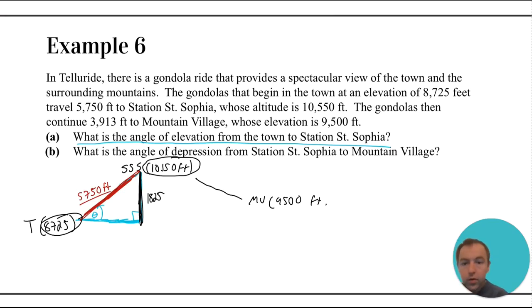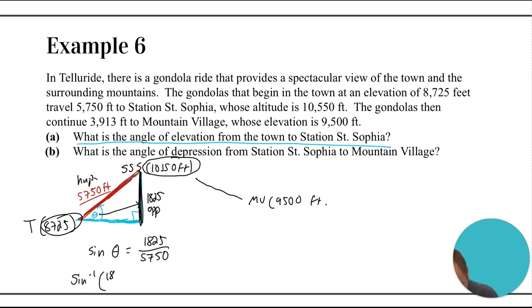So therefore we do know two sides in that right triangle. Since this is the opposite side from where theta is, and this is the hypotenuse of the triangle, opposite and hypotenuse would be the sine ratio, right? So the sine of theta would be equal to 1825 over 5,750. And then the sine inverse of 1825 over 5750 would be equal to theta.